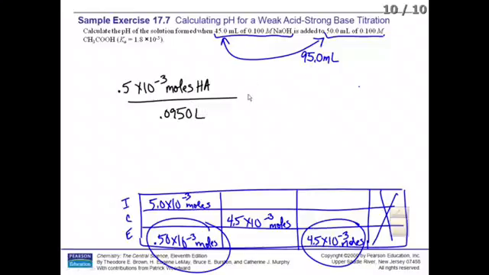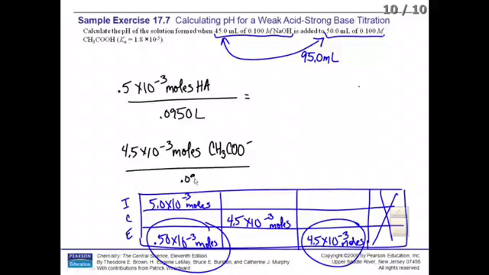That's up here. So that'll give us the concentration of the acetic acid. And then you've got this guy, 4.5 times 10 to the negative 3 moles, and this is your CH3COO, there's your conjugate base, over 0.0950 liters. Let's do our math here. This guy's going to be 0.0053 molar. This guy's going to be 0.0474 molar.